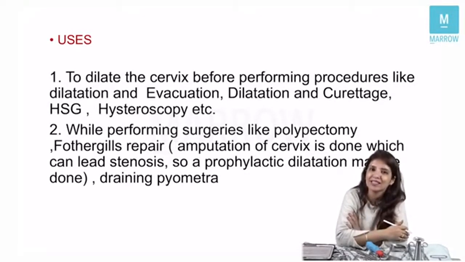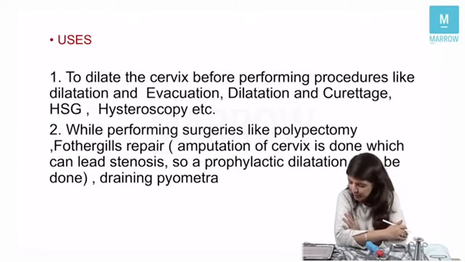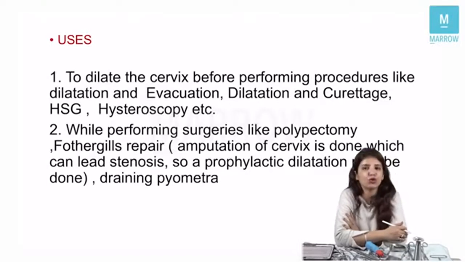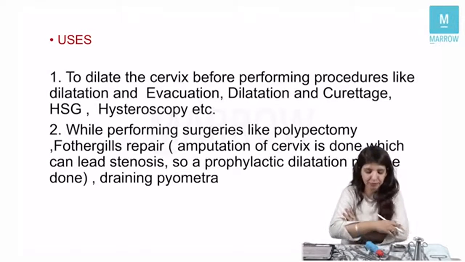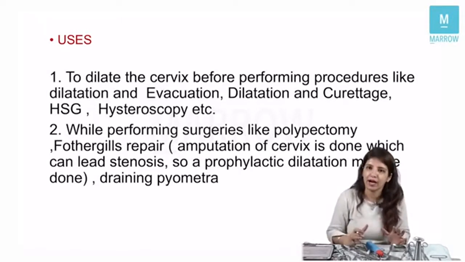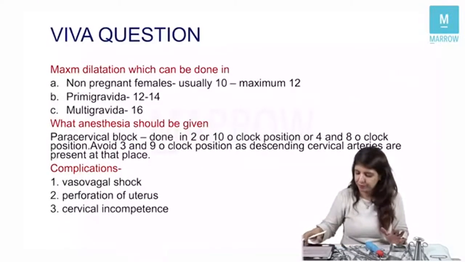So that is the prophylactic dilatation which we do before performing amputation of the cervix in Fothergill's repair. And also you will have to dilate the internal os when you have to drain pus from the uterus, like in the case of pyometra, right? So these were the uses of Hegar's dilators.